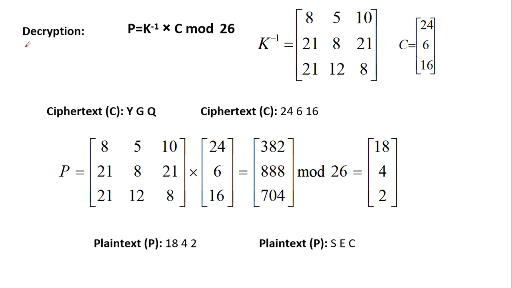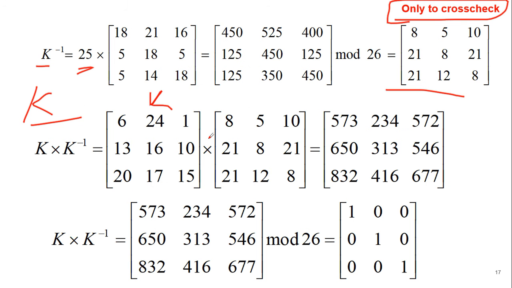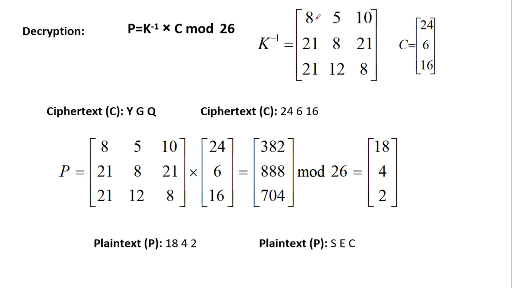Now decryption is again very easy, like encryption. Once our K inverse matrix is ready, so this is our K inverse matrix, we take this matrix and the cipher text. Again we do this simple matrix multiplication, and after that again the values are exceeding, or they are not between 0 to 25, so again we apply the mod 26 operation.